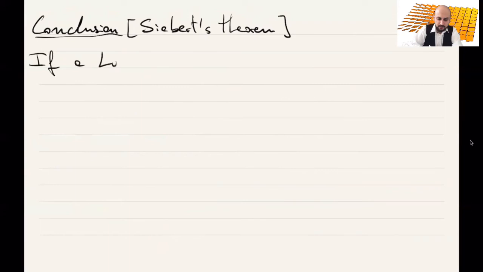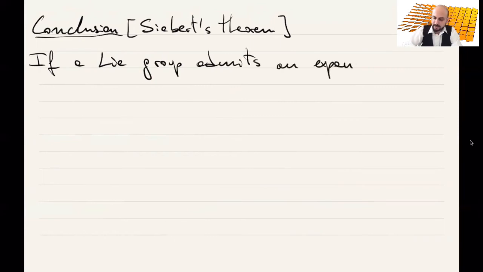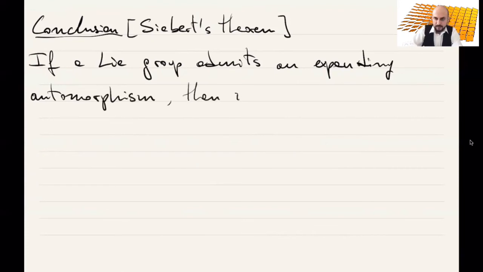If a Lie group admits an expanding automorphism, then it is nilpotent, contractible.